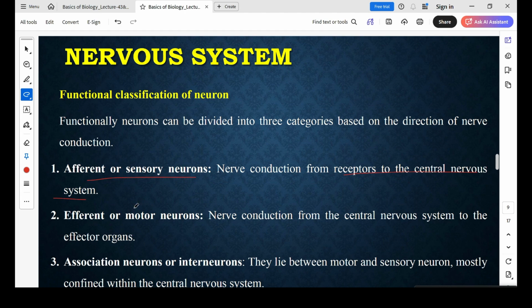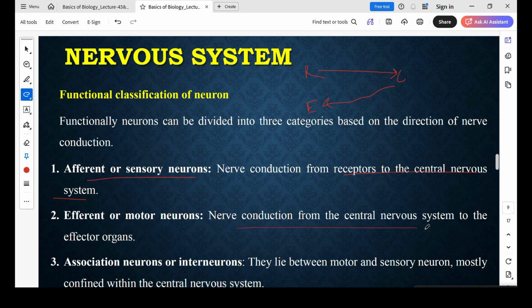So for any information to be transferred, there is a receptor which gets the stimulus and then transfers the information to the CNS. The CNS then interprets this information and sends a signal to the effector, which can be a muscle, glands, eyes, etc.